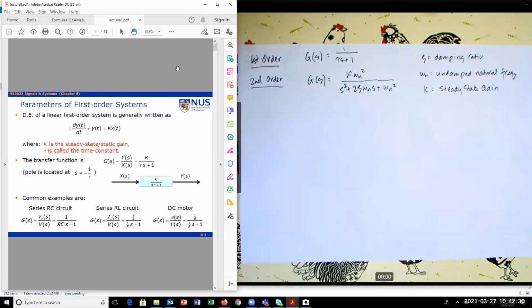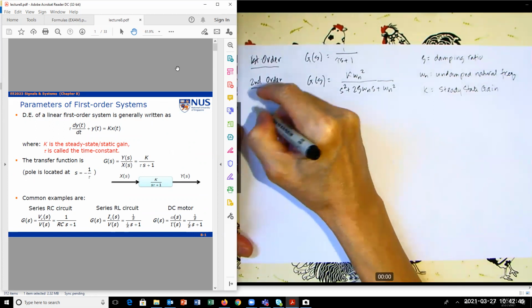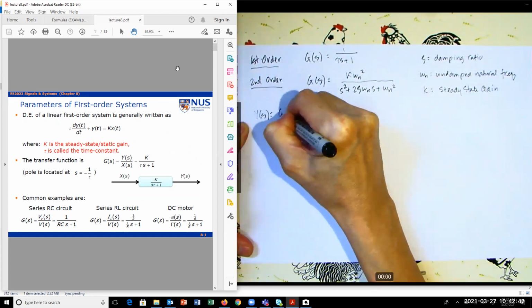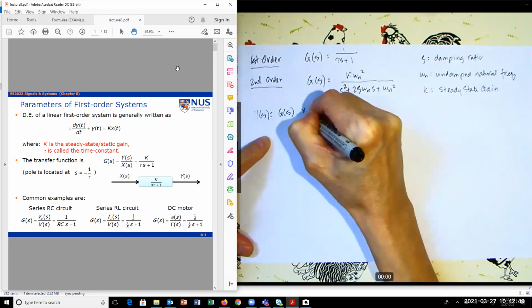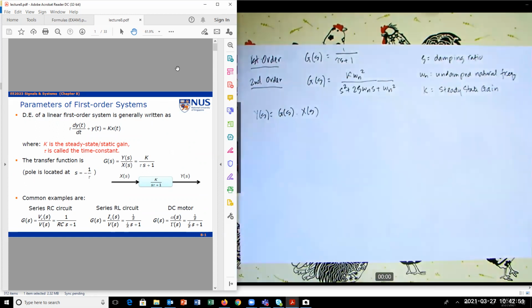In each of these cases, we see that each has its own poles, because the poles will determine the behavior of the system. Recall that the output of the system is G(s) times X(s), where X(s) is the input, G(s) is the transfer function of the system, and Y(s) is the output.